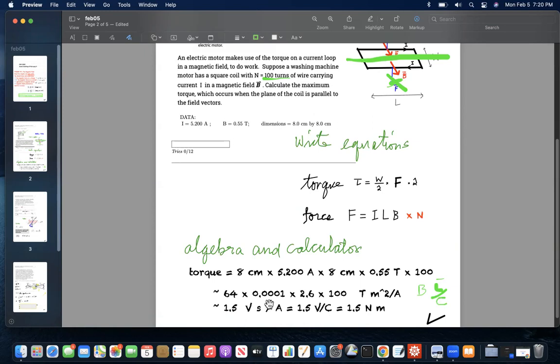That's volt seconds per meter squared. I'm confused here.